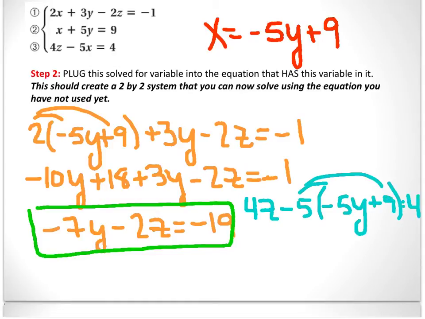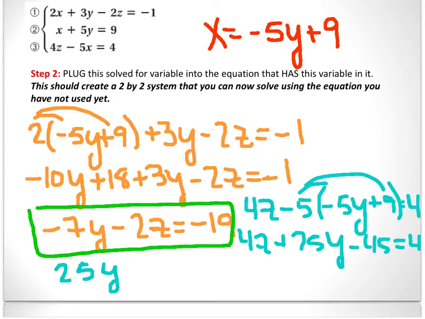Distributing, I get 4z plus 25y minus 45 equals 4. Combining like terms, I'm going to rewrite it: 25y plus 4z equals 49. I combined like terms there, and then moved it around so that these will line up.